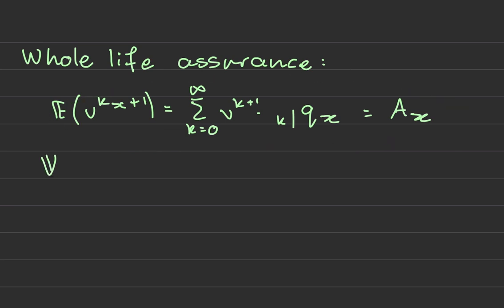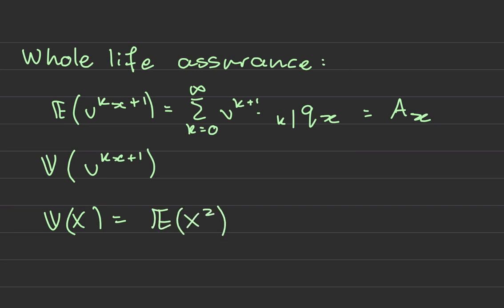But what about the variance of this random variable present value for a whole life assurance contract? Well, that's going to be the variance of v to the K_x plus 1. Now, we know that the variance of any random variable X is equal to the expectation of X squared minus the expectation of X, all squared.